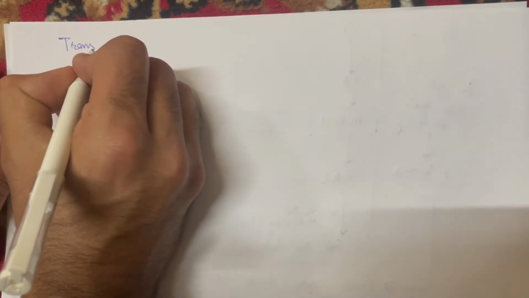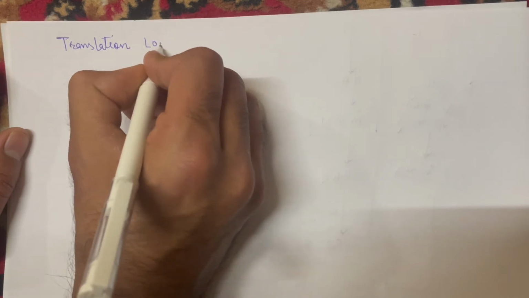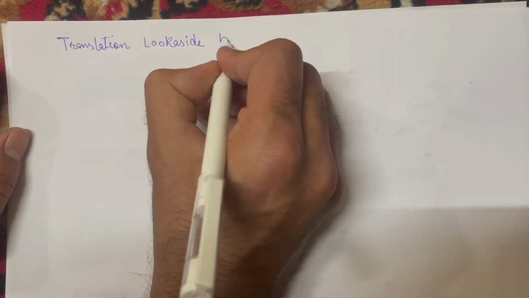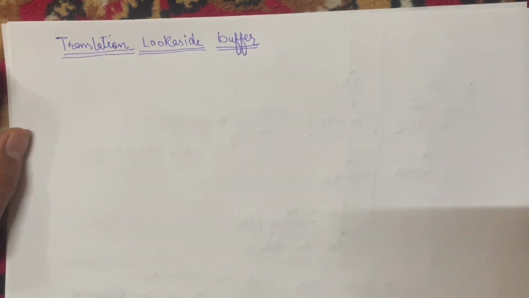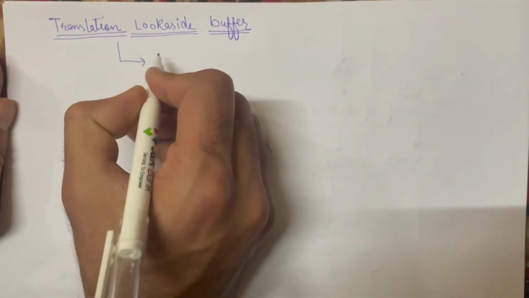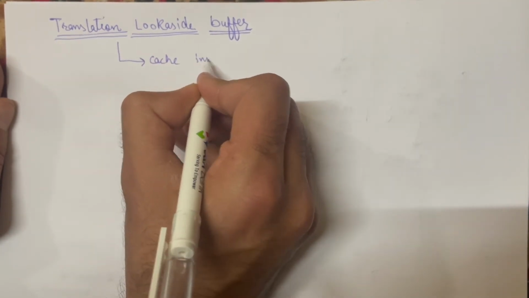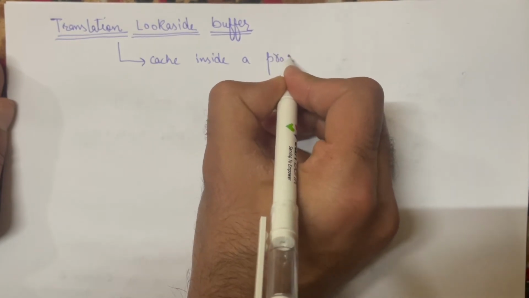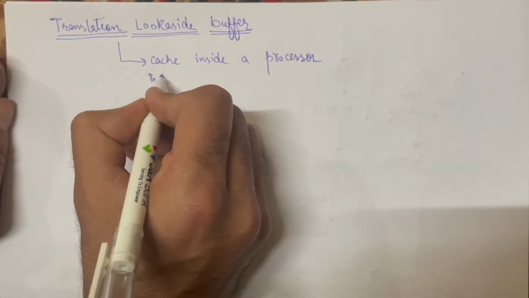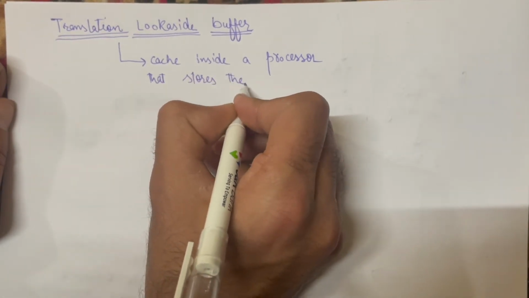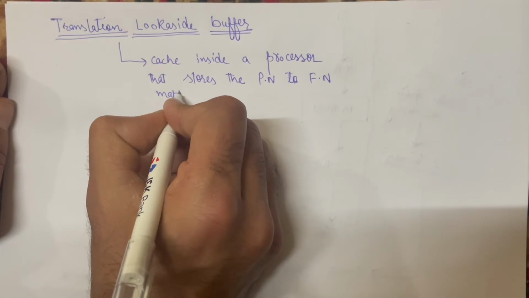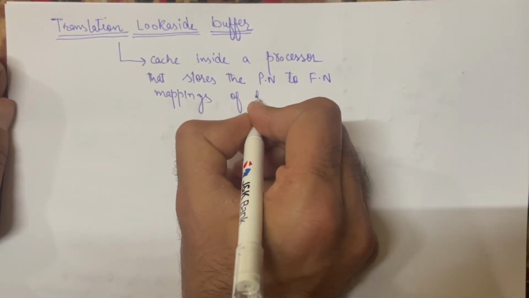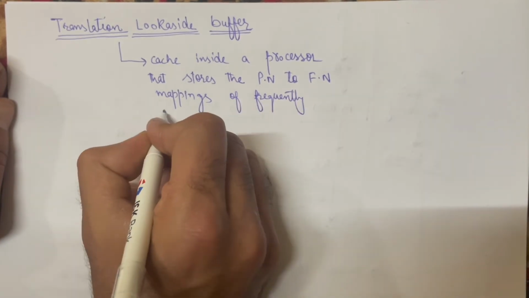The translation lookaside buffer is a special cache inside a processor that stores the page number to frame number mappings of frequently used pages.